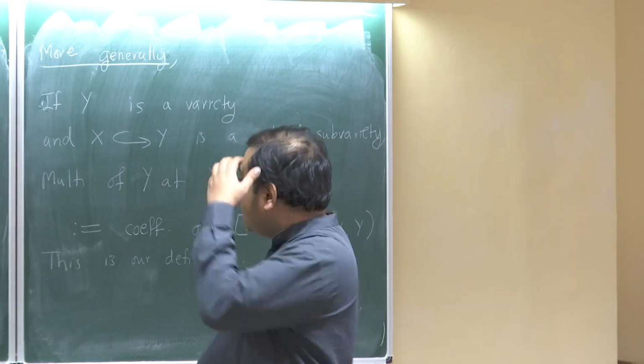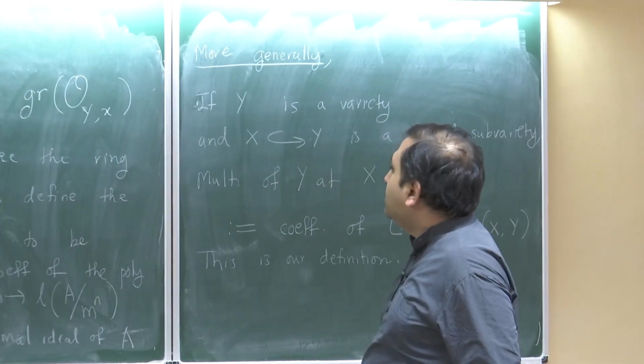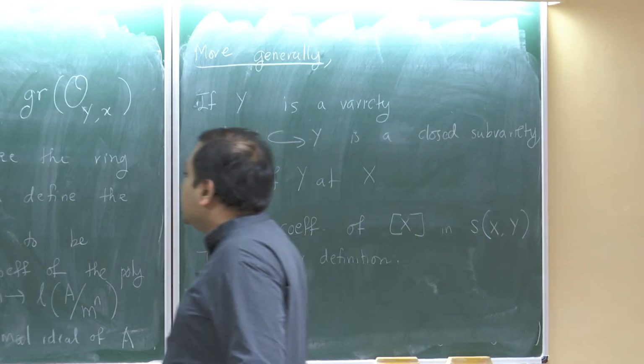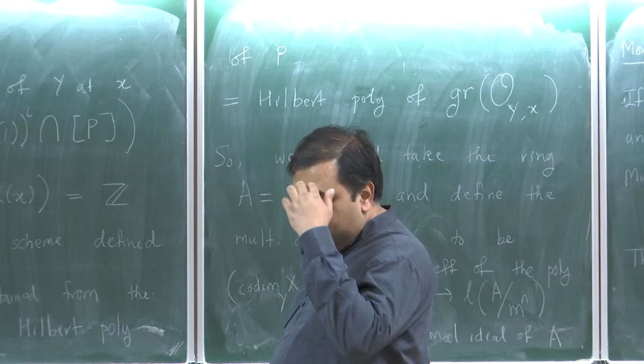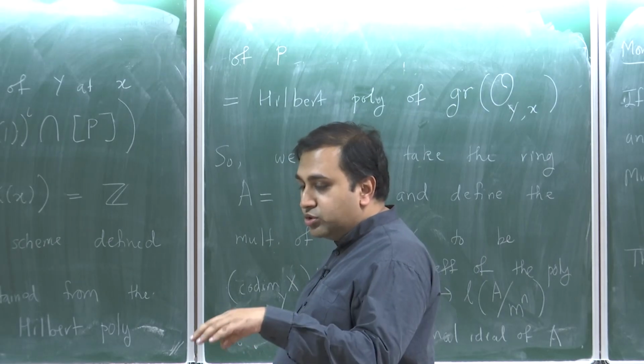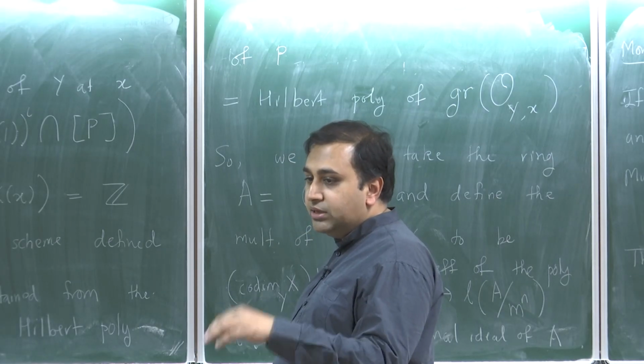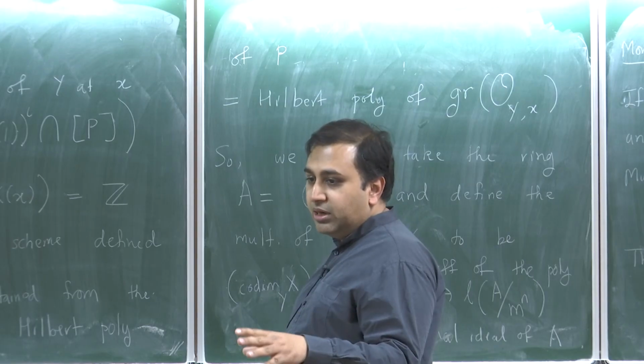Okay, so given a projective variety, you can define its multiplicity in two ways.